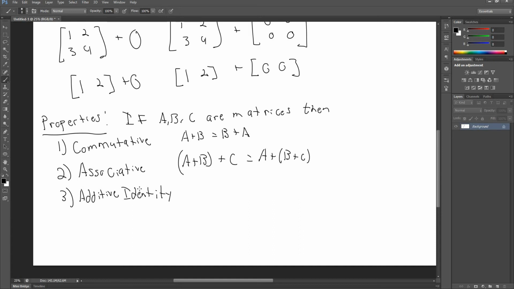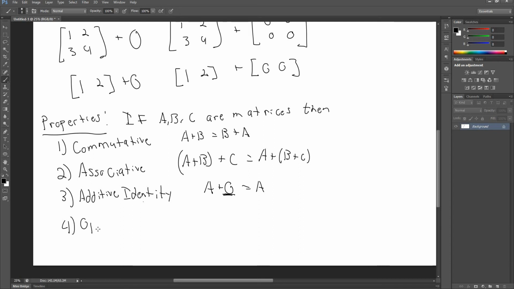It means that whatever operation you're operating under, the identity will give you back the same thing. So A plus the 0 matrix just gives you back A. So 0 is our additive identity for matrix addition and matrix subtraction.